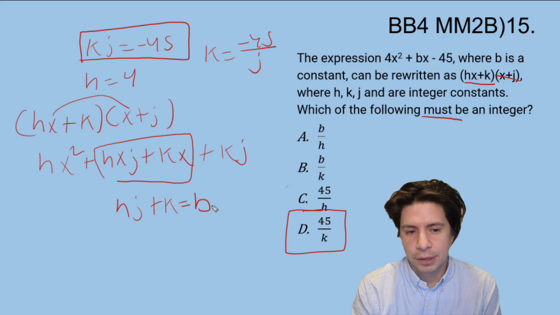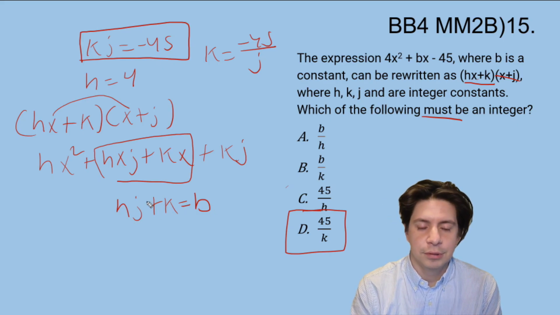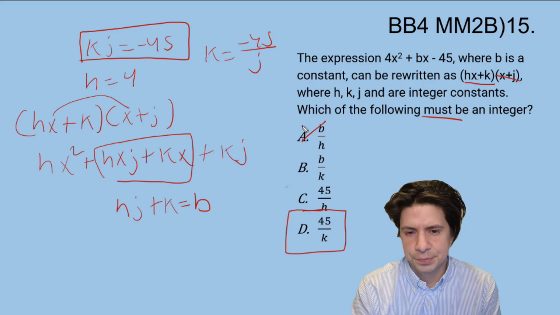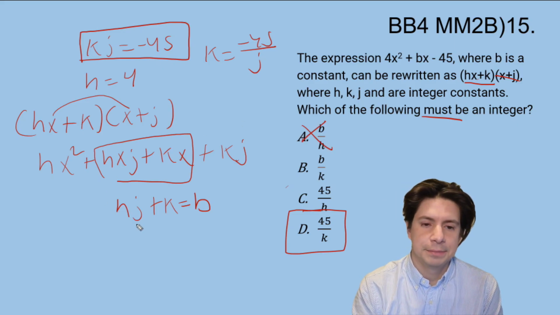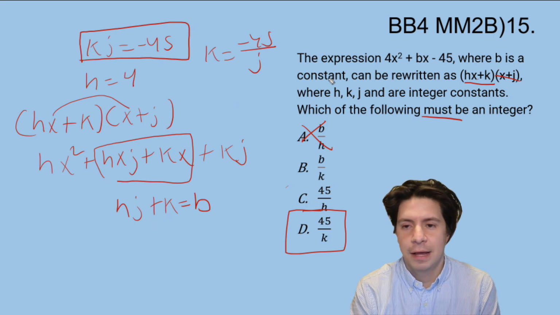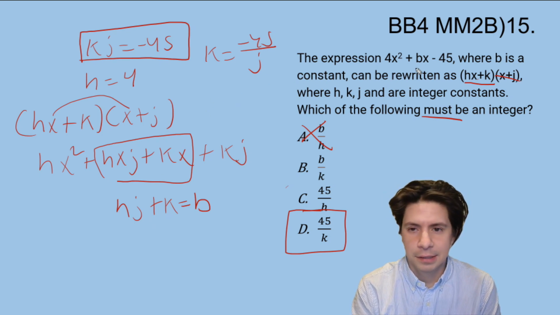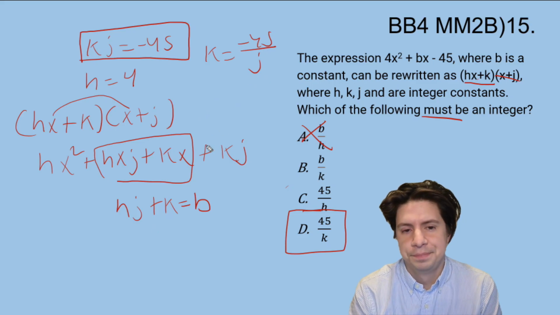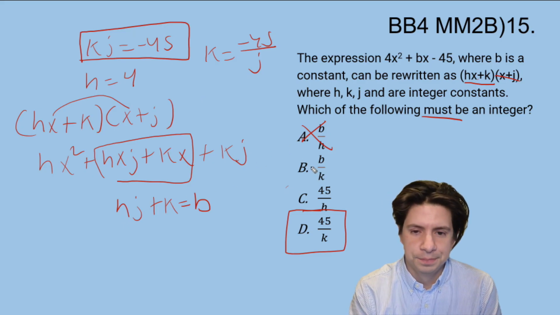The only way this could work is if k were a multiple of h. Okay? And you could plug in numbers, like you could say k is 5 and j is negative 9, and then go from there. And you already know h equals 4. So that one doesn't work.